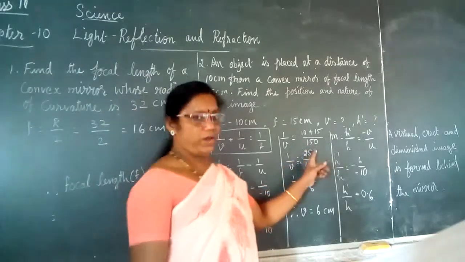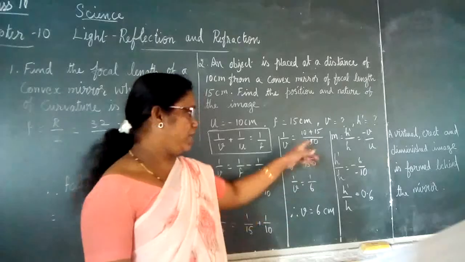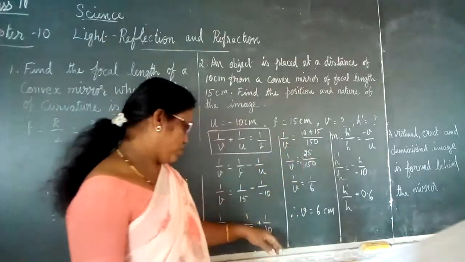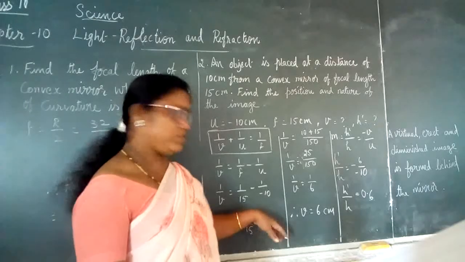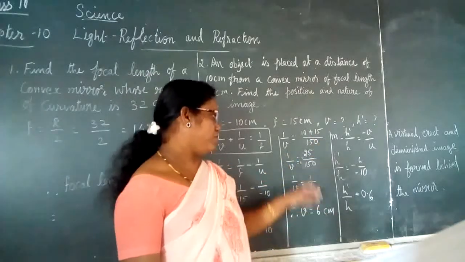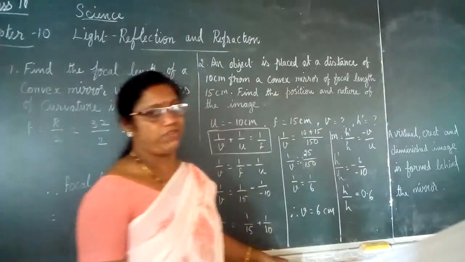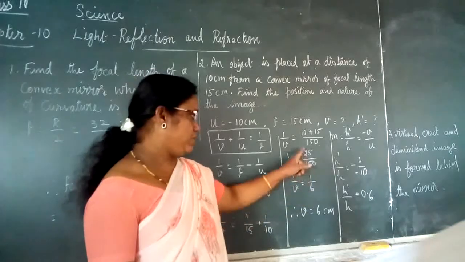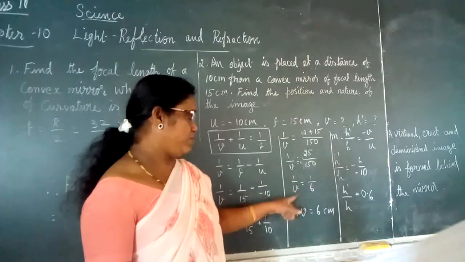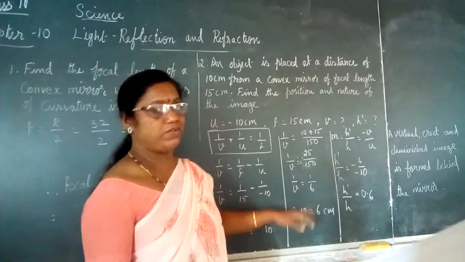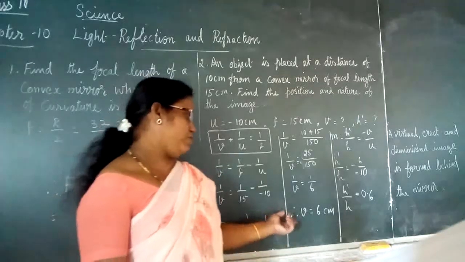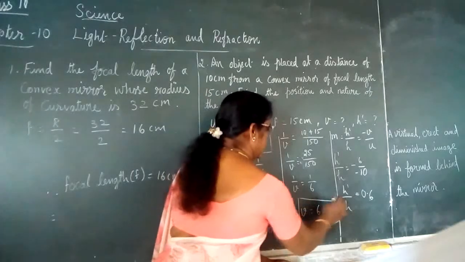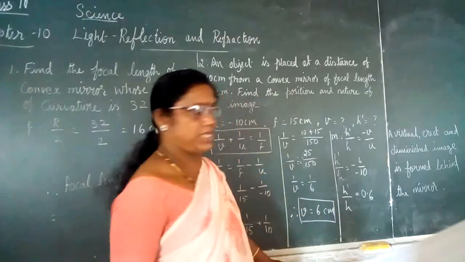That gives you 150, 15 into 10 is 150. And then 1 by v is equal to cross multiply: 10 ones are 10 plus 15 ones are 15 divided by 150, or 10 plus 15 gives you 25 by 150. So 25 sixes are 150. Hence we can cancel and write 1 by v is equal to 1 by 6. Otherwise, when you take the reciprocal, v will be equal to 6 centimeter. Hence, we got the image distance v is equal to 6 centimeter.